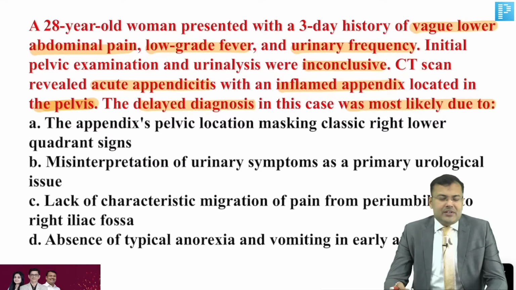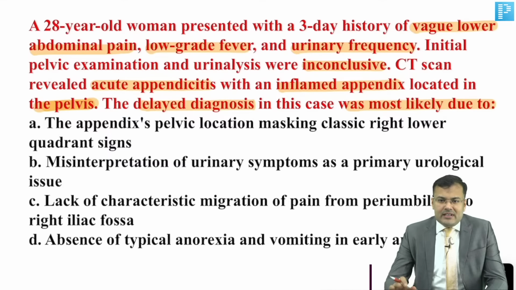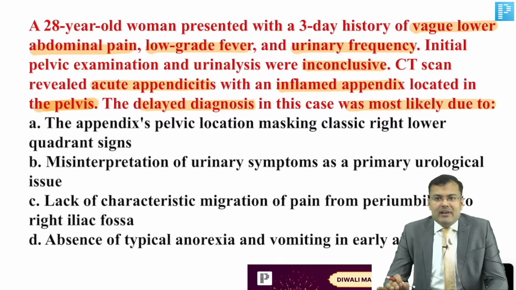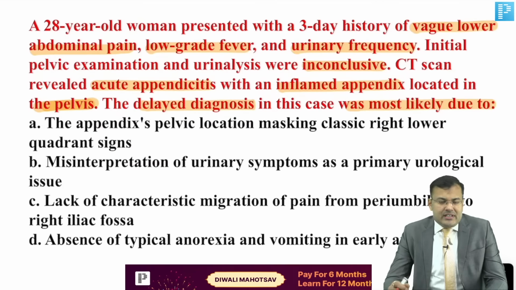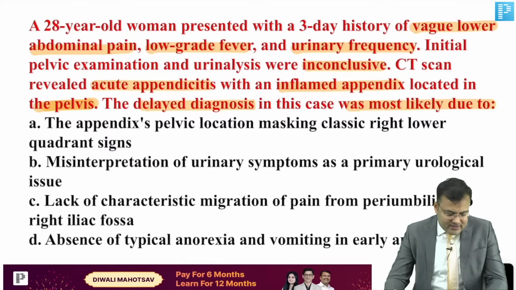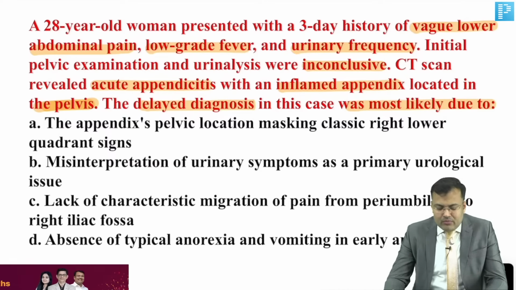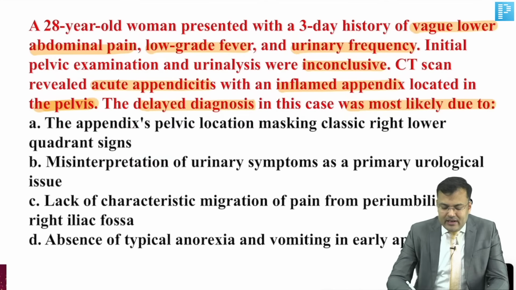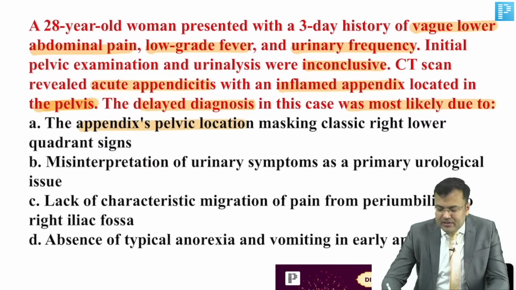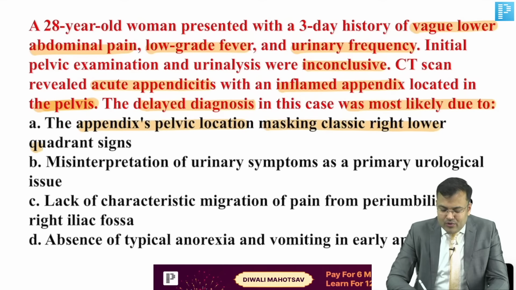Yes, here the patient is having pelvic appendicitis, because CT is telling you that. Almost everybody, Pallav, Pradeep, Anurag, Sri Devi, Anuj, is correct. So the appendix's pelvic location masks the classical right lower quadrant signs.